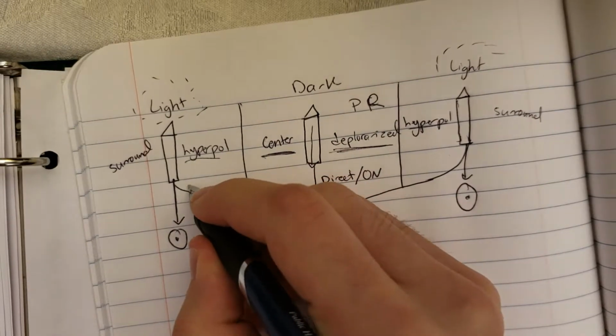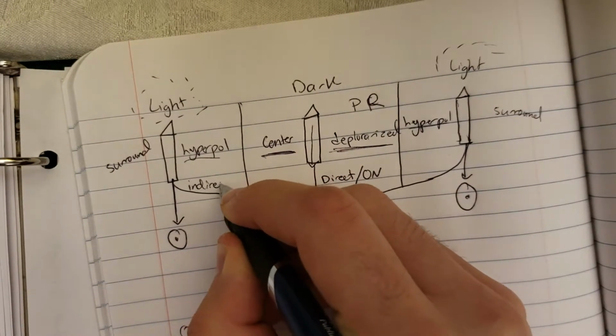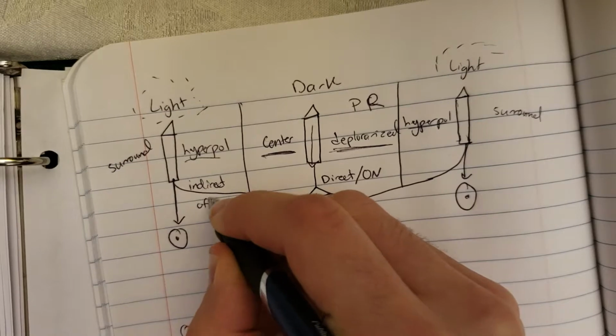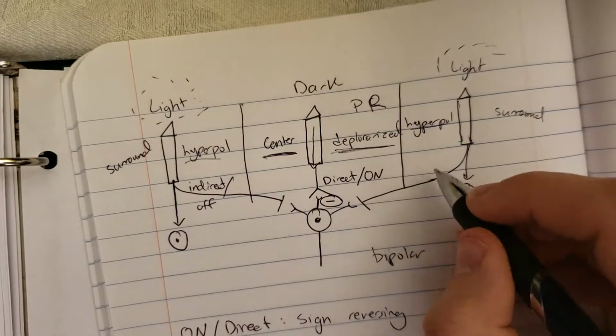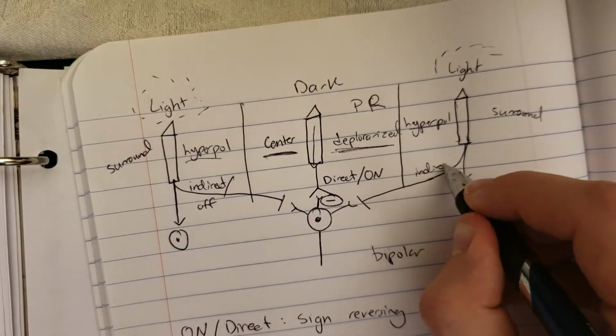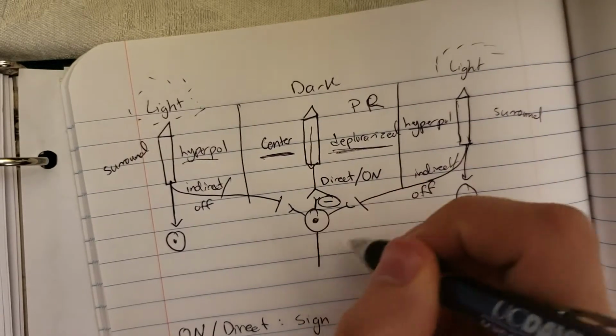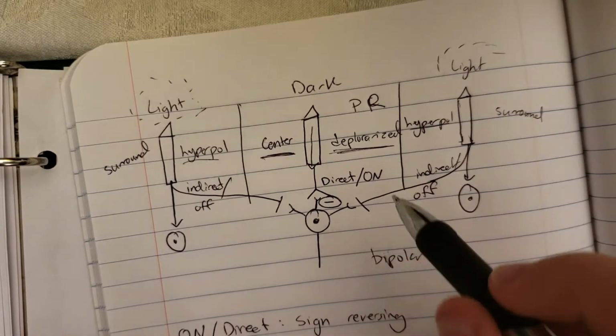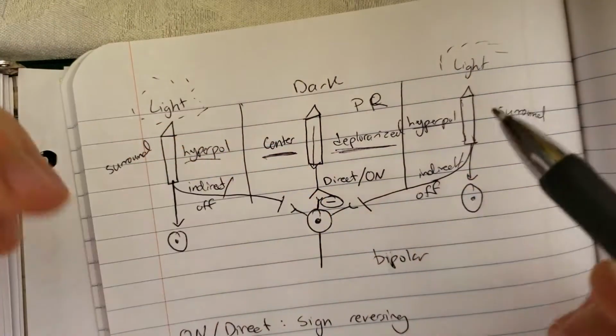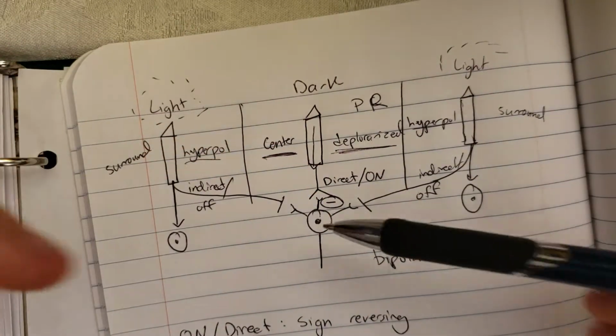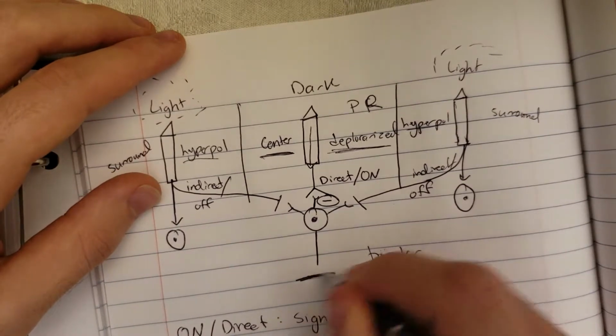This would be called the indirect or the off. So we're studying right now the relationship on this bipolar cell here, and how do the surrounding photoreceptors interact with this bipolar cell right here, this one.